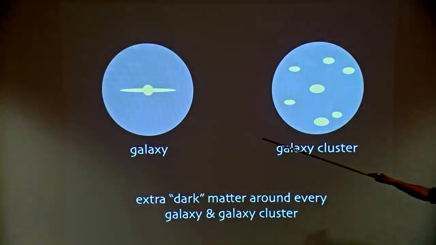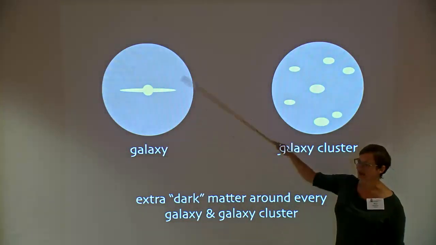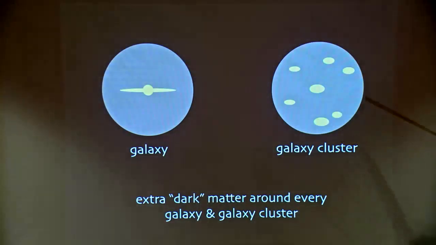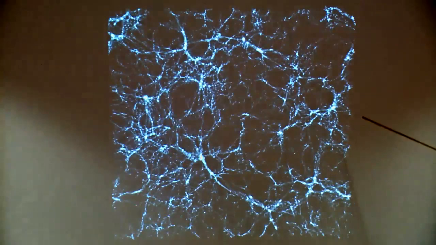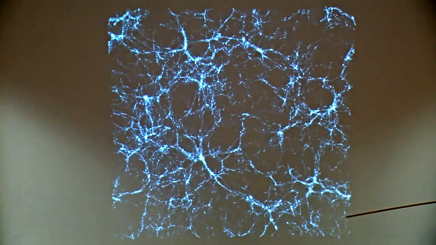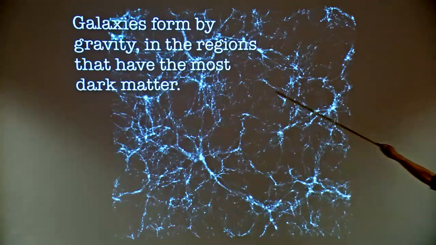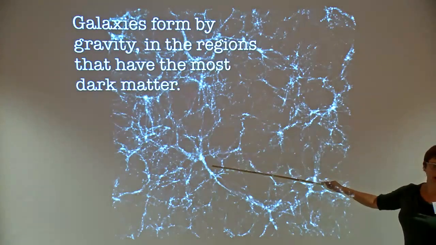So we actually can measure this. We can measure this by looking at the dynamics of galaxies. We can measure this in galaxy clusters by looking at the dynamics of galaxies moving inside those clusters. And we can also measure it on the scale of the whole universe. Okay? So I go back to this plot. This is just a plot of the distribution of dark matter in the nearby universe. And so galaxies form by gravity in the regions that have the most dark matter. They only form where there's a lot of dark matter.